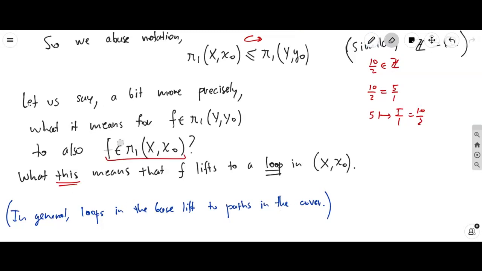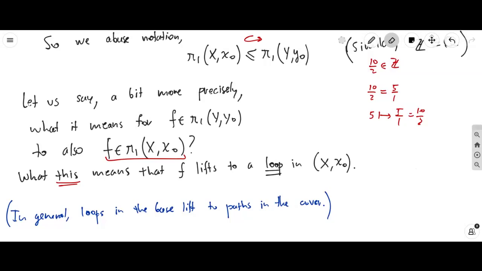But when you're saying that a loop is also a loop in the cover, it means that that particular loop, when you lift it to the cover, will lift to a loop. It will stay a loop in the cover. And the reason for this is because what this really means is that there's something in this group that projects to that. But if it's coming from this group, then by definition it means it's a loop at x0, right? So therefore this loop remains a loop when you lift it to the cover.